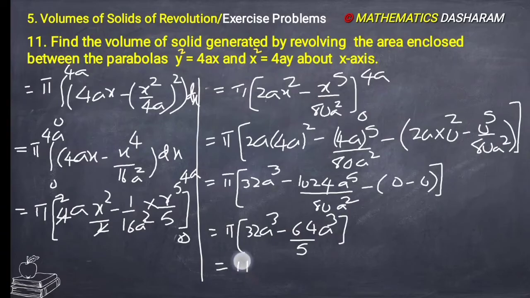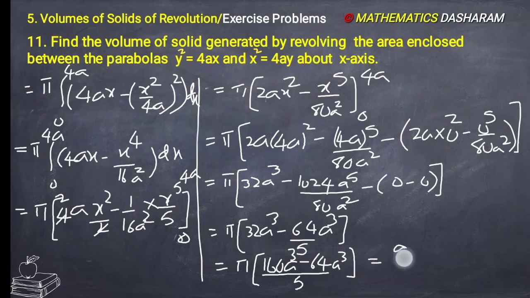So it is equals to pi bracket of, here 5 is the LCM, 5 into 32, 5 into 32 how much, 5 twos are 10, 160a cubed minus 64a cubed. So 160 minus 64 is 96 pi a cubed by 5 cubic units, which is our required answer.